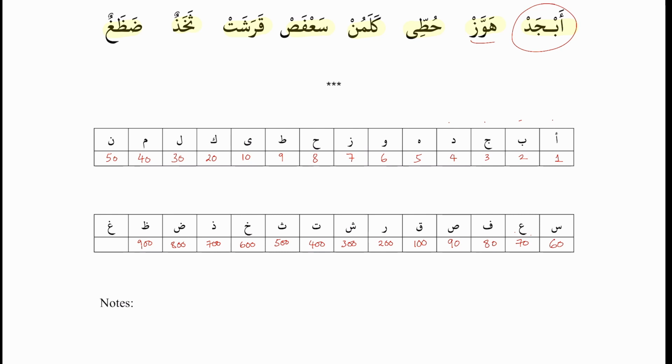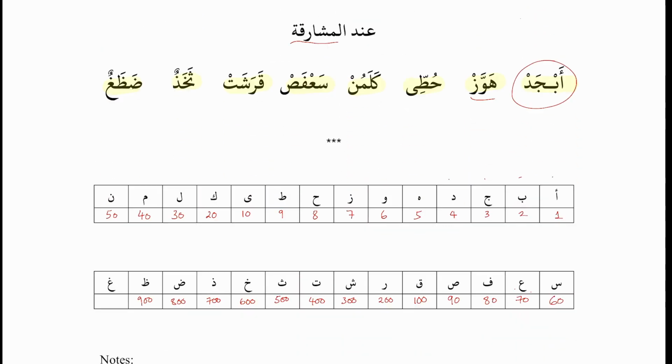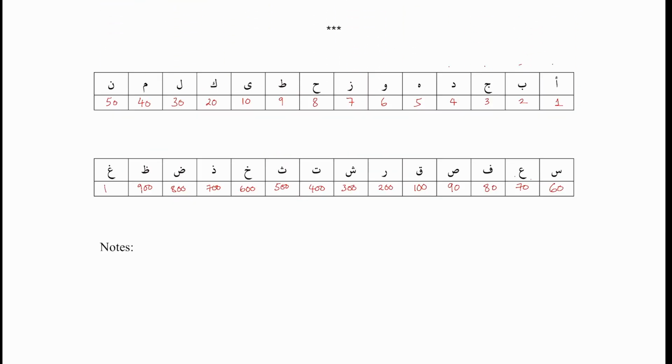And then you have Ghain, which will be 1000. So if I was to say 10, you'd look at Ya here. If I was to say 400, you look at Ta here. Or the opposite way. If I was to say Tha, you say 500.